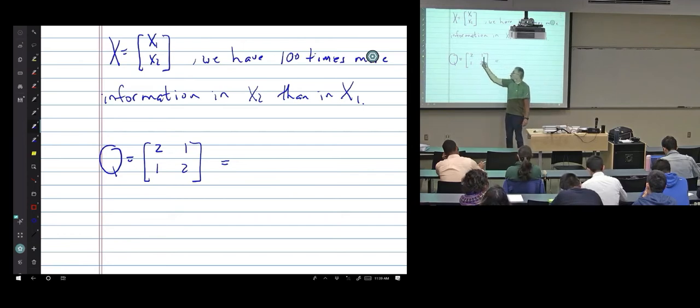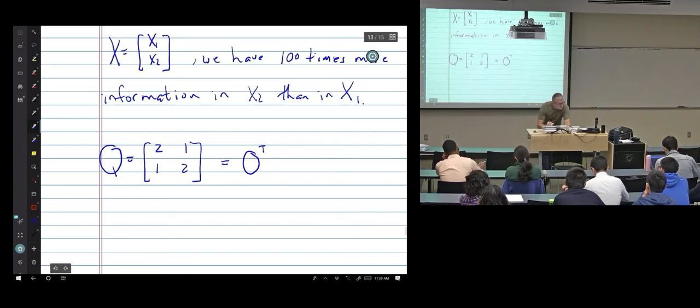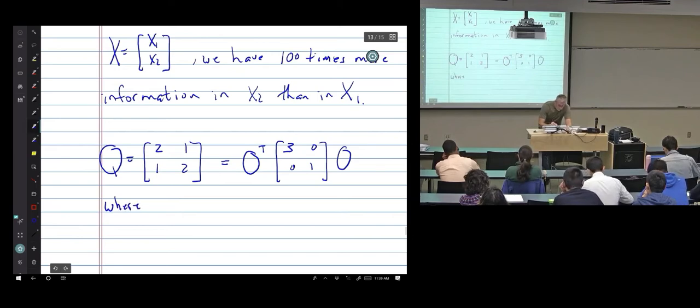This is called a symmetric matrix, right? Okay. So I can write this as O transpose, 3, 0, 0, 1, times O, where my orthogonal matrix is 1 over square root of 2, 1, 1, 1, minus 1.